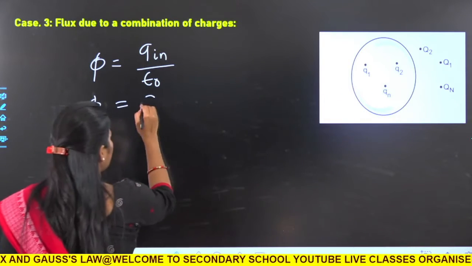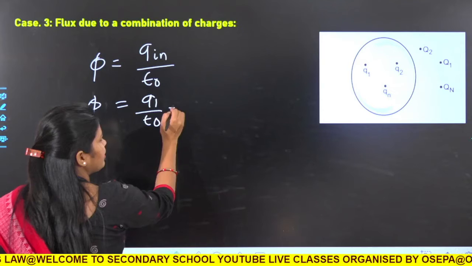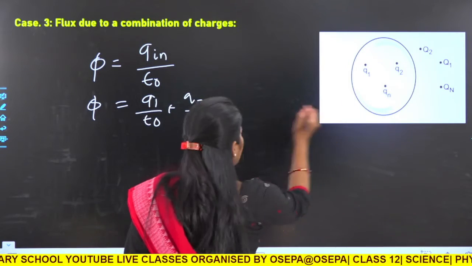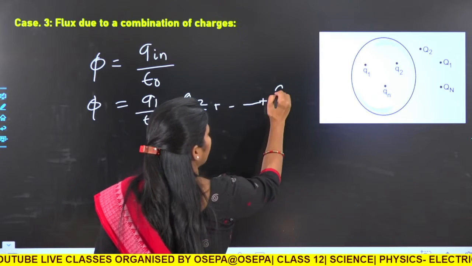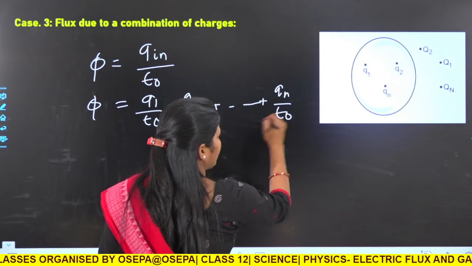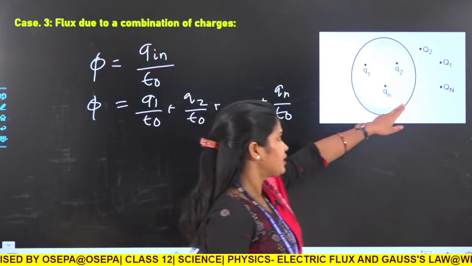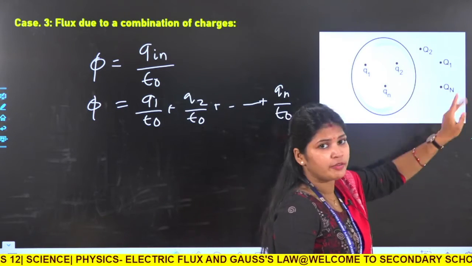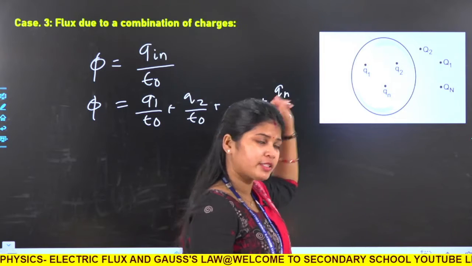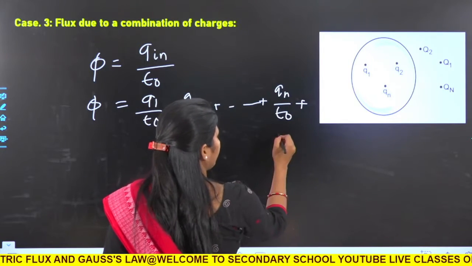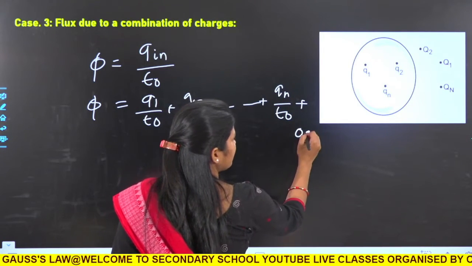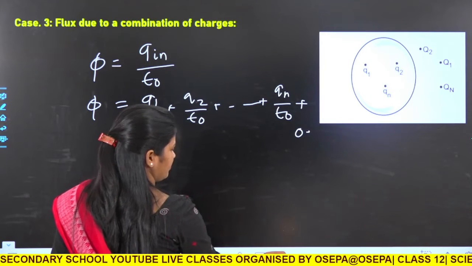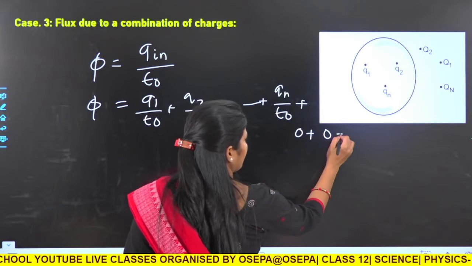Q1 by epsilon naught plus Q2 by epsilon naught, like that up to Qn by epsilon naught, and we will not consider the outside charges. For the outside charges it is 0, from the second case we studied, for the outside case that is 0.